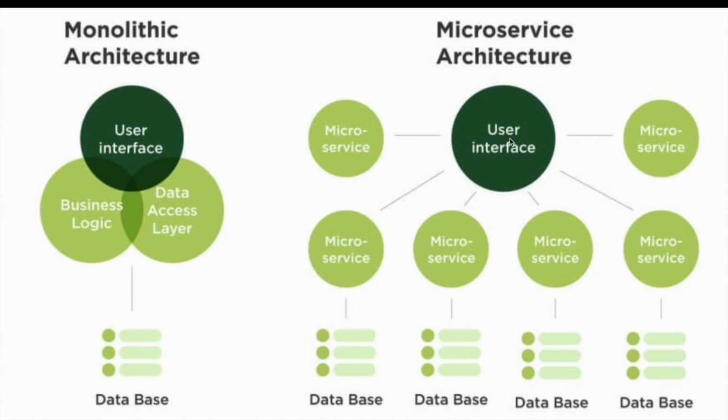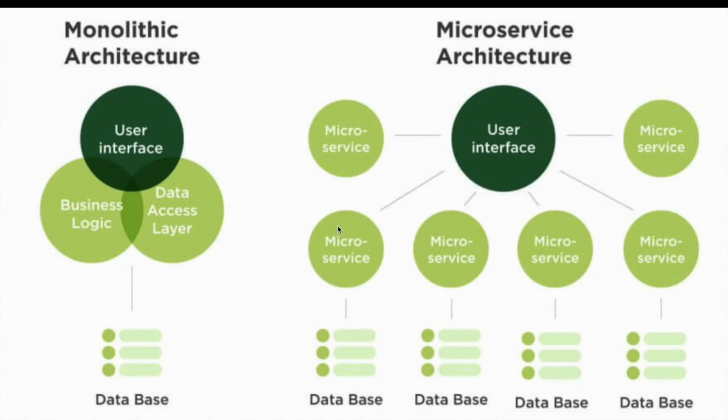And this is the user interface. That means you can use the UI to send your HTTP request and response to your microservices, and all the microservices can communicate with the help of synchronous calls and asynchronous calls. So there are two ways to send the request and response between two microservices to communicate.